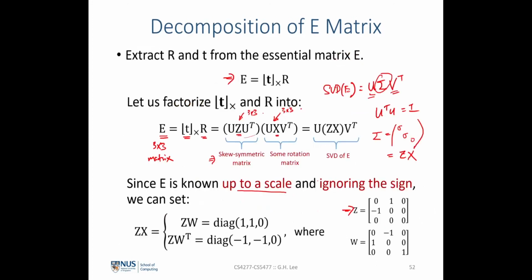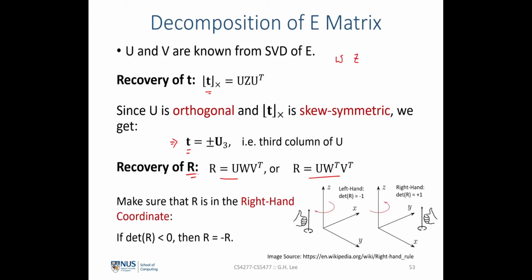This is because we have defined W here to be equal to this matrix over here, where we can concurrently obtain the diagonal of 1, 1, 0 or -1, -1, 0 to suit this singular value matrix over here. And hence W can be either W or W transpose. Hence we'll get two different solutions for the rotation matrix by considering W and W transpose.